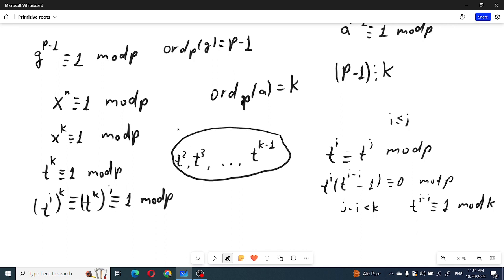And now look at all these numbers. For how many of them will k be the order? Now we need to discuss t squared, t cubed, up to t to the k minus 1.